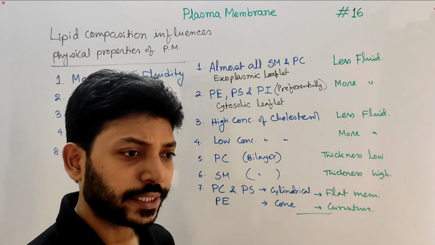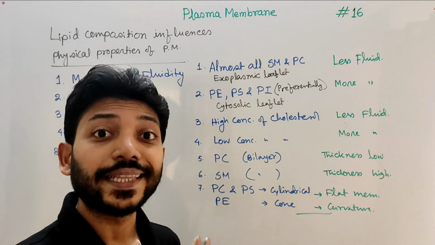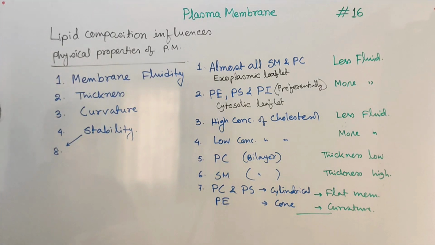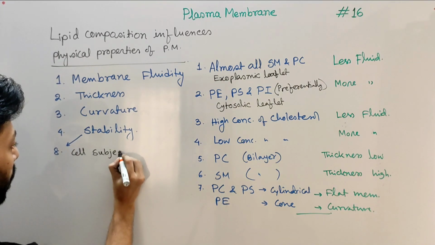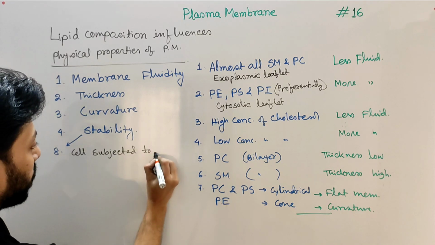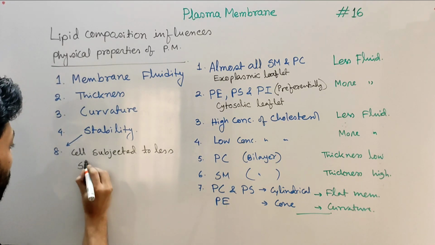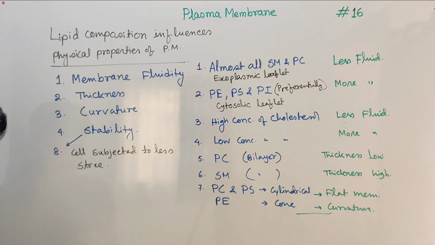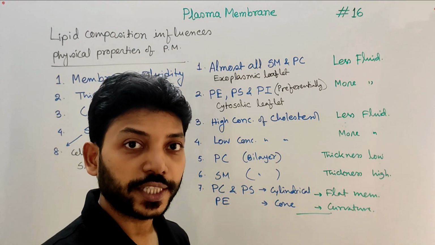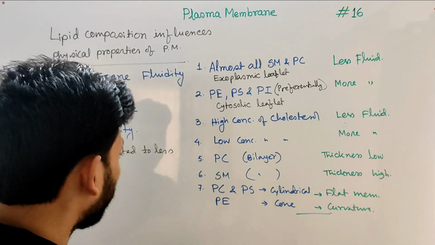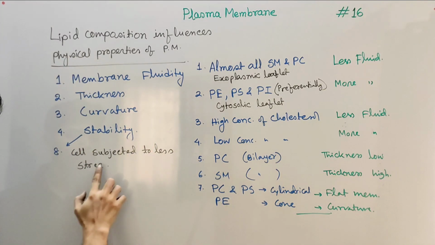One kind is cells that are subjected to less stress conditions in the body. Scientists have measured the chemical composition of the plasma membrane lipids of these cells that are subjected to less stress.